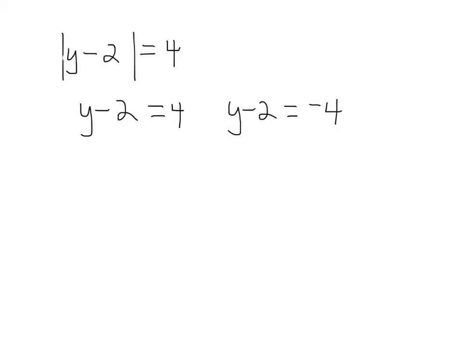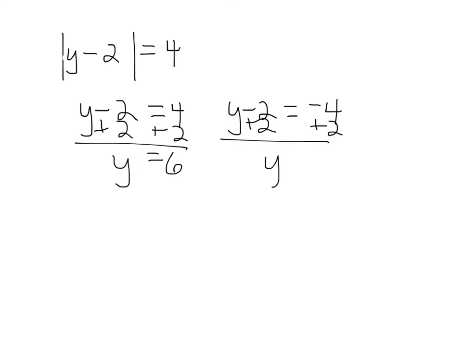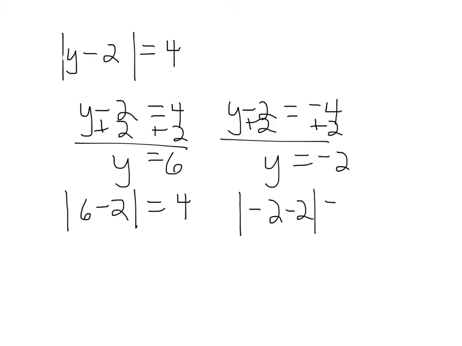If I solve these, I find out that y could either be 6 or y could be negative 2. And the reason is, if I plug those in, it will make it true. 6 minus 2 has an absolute value of 4, and negative 2 minus 2 also has an absolute value of 4, because the absolute value of 4 is 4, and the absolute value of negative 4 is 4.